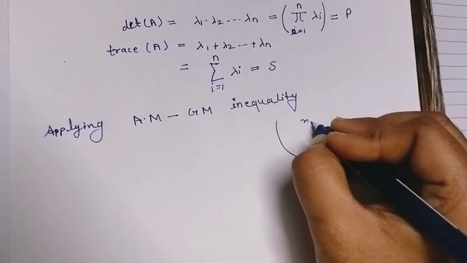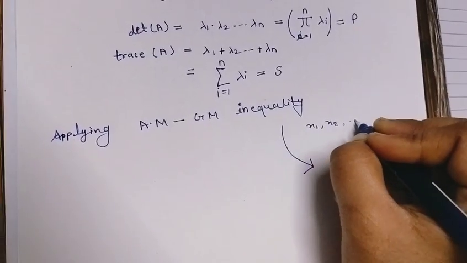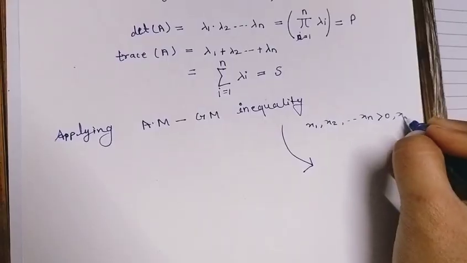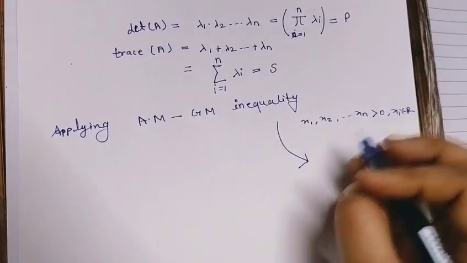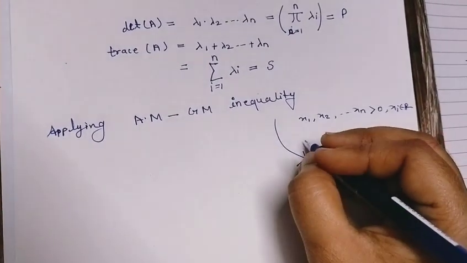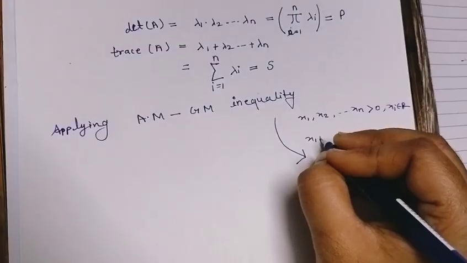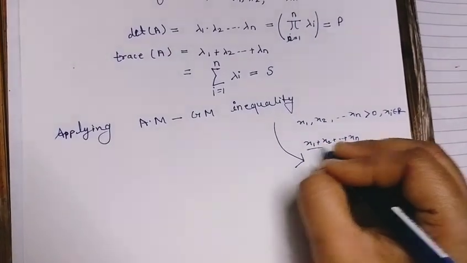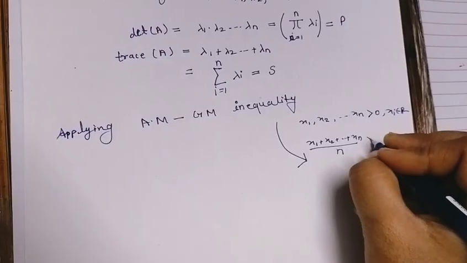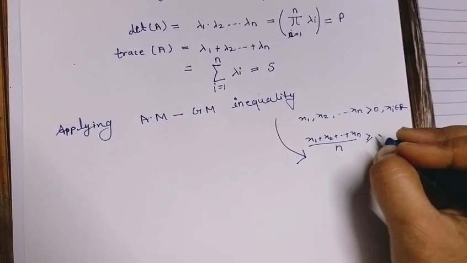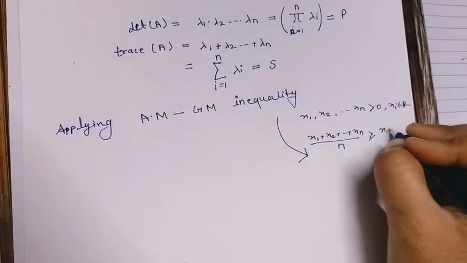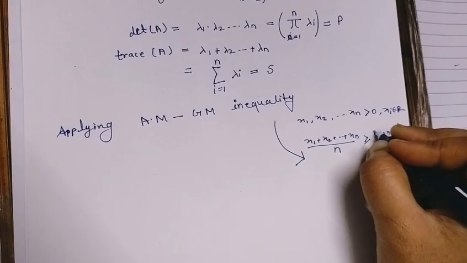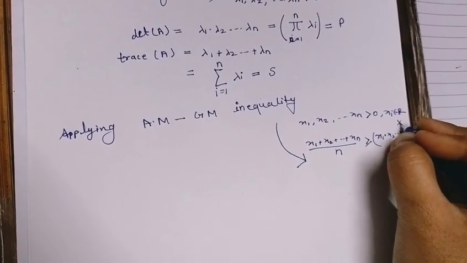If x1, x2, up to xn are greater than 0, xi belongs to R, then x1 plus x2 up to xn divided by n will be greater than or equal to x1 into x2 up to xn raised to the power 1 by n.